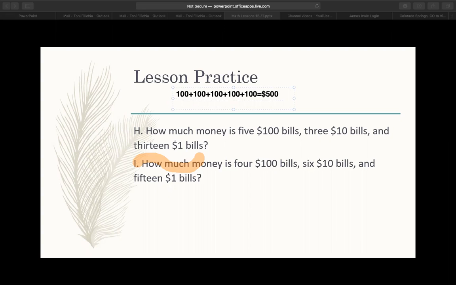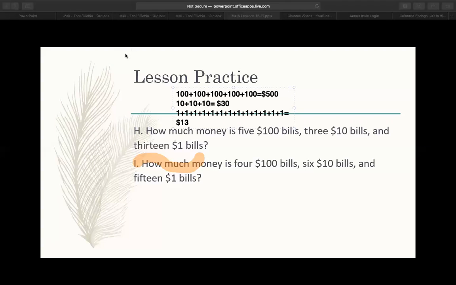3 $10 bills equals $30. And 13 $1 bills, 1, 2, 3, 4, 5, 6, 7, 8, 9, 10, 11, 12, 13 equals $13.